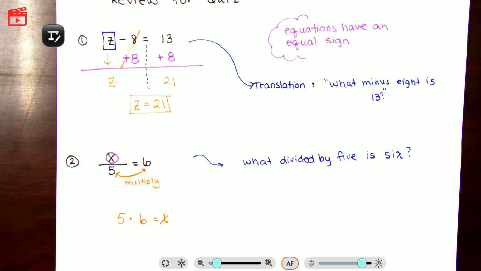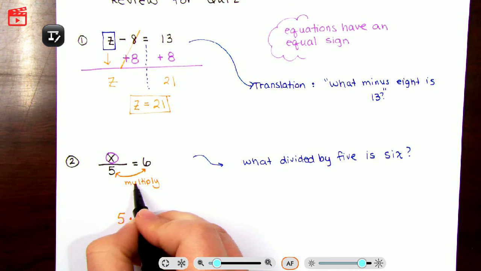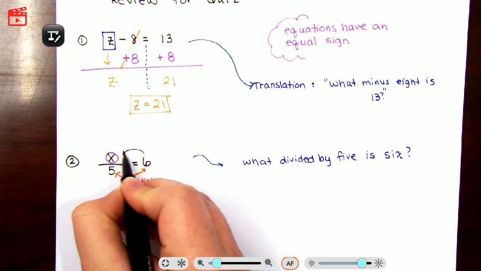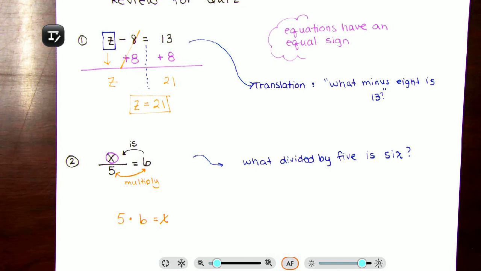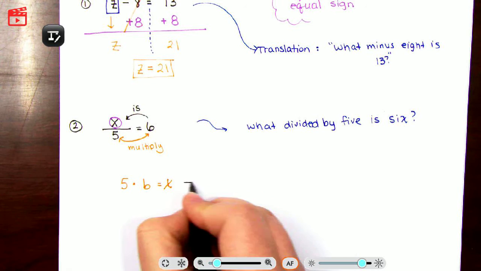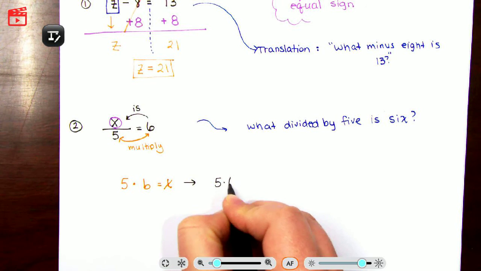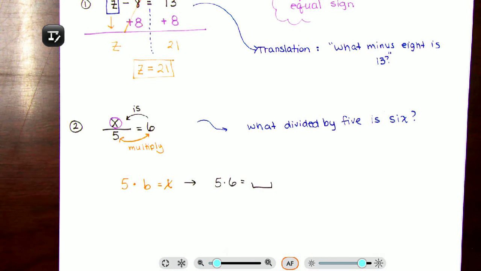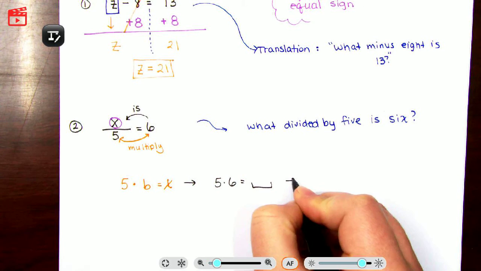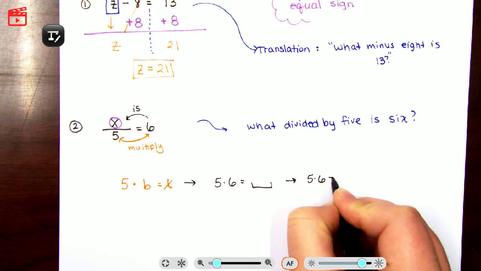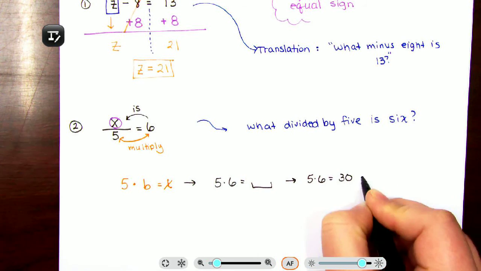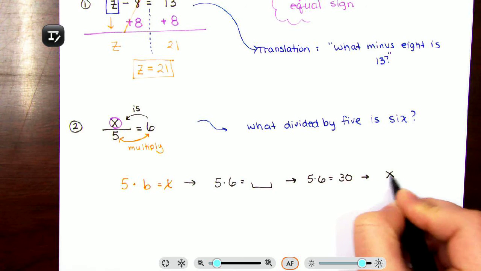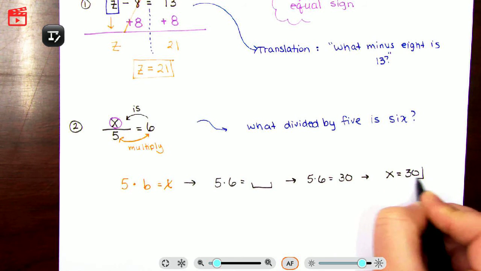Another way to say it is 5 times 6 is blank. So what is 5 times 6? Well, 5 times 6 is 30. So that means x is equal to 30.